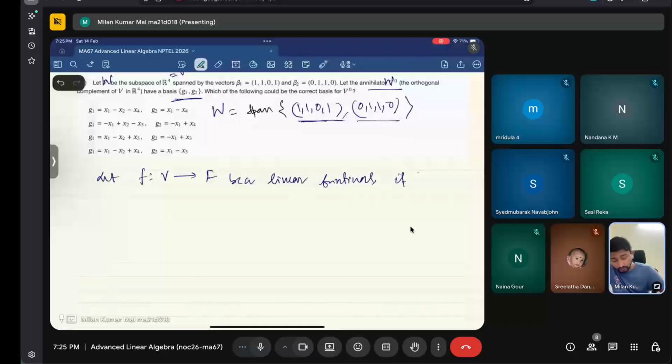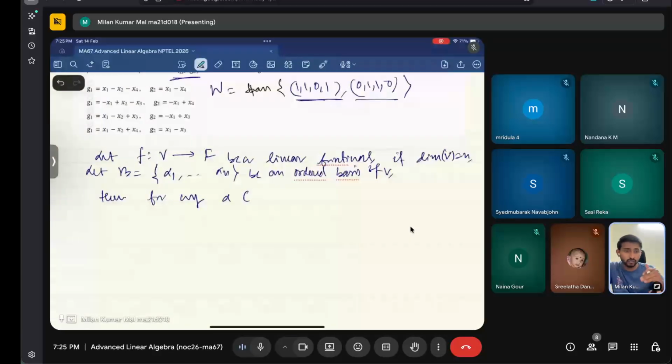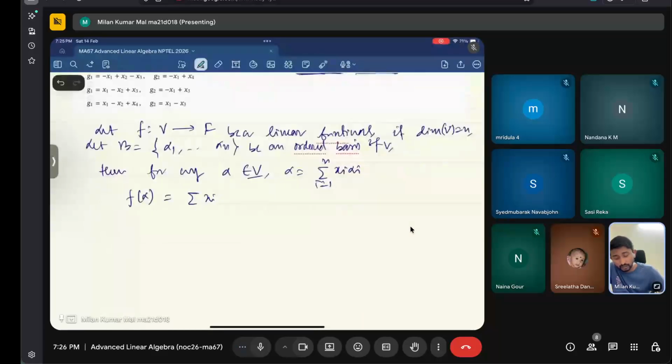Then for any alpha in the vector space V, alpha can be written as the sum of xi alpha i for i equals 1 to n, where x1, x2, up to xn, the column vector, is the coordinate vector for the vector alpha. But if I want to obtain f of alpha, what will I do? Due to linearity, I can write the sum of xi f of alpha i. So basically, if I know what f of alpha i is, then we know what f of alpha is for any vector alpha.